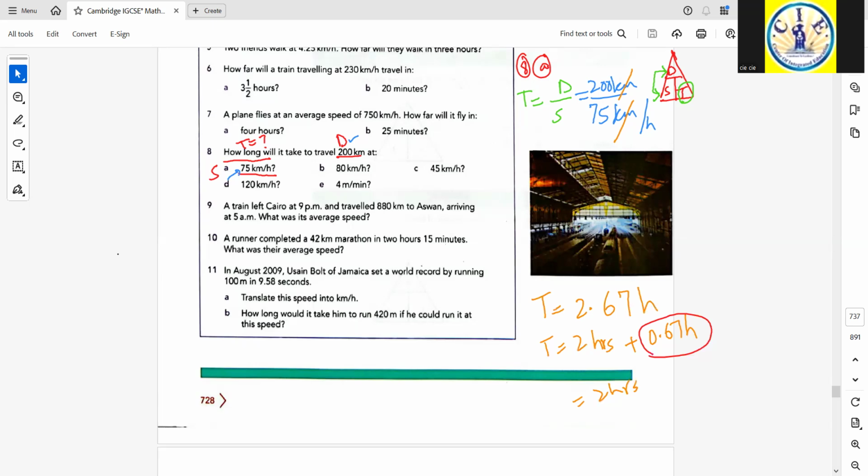So that is going to be 0.67 times 60, which is 40.2.